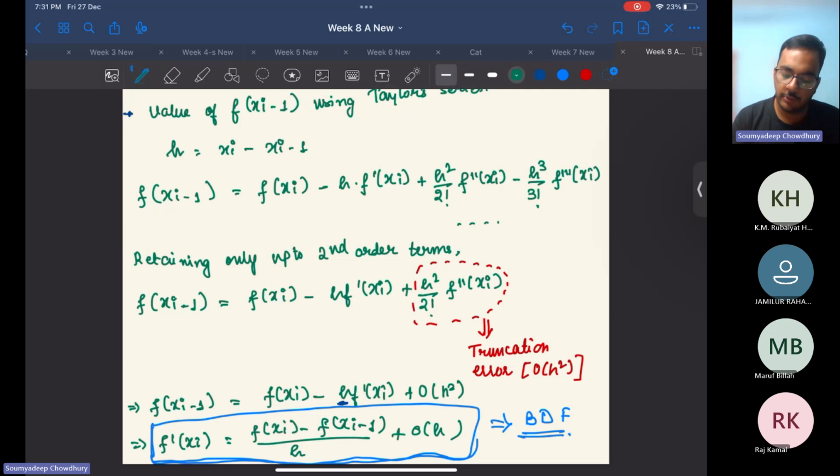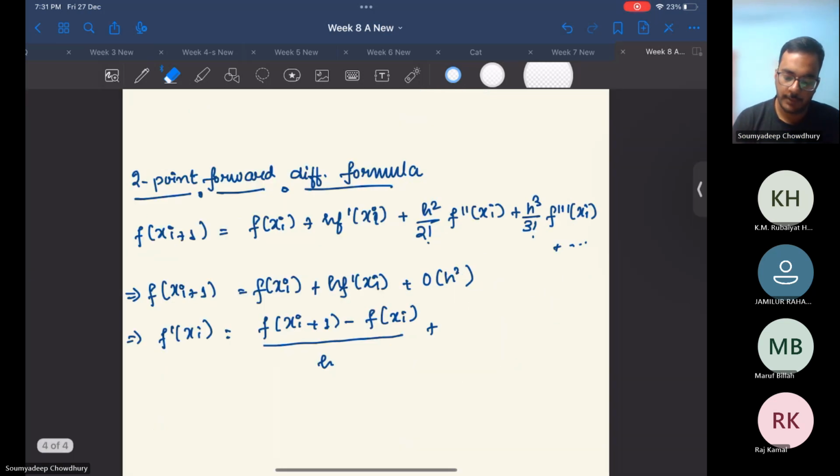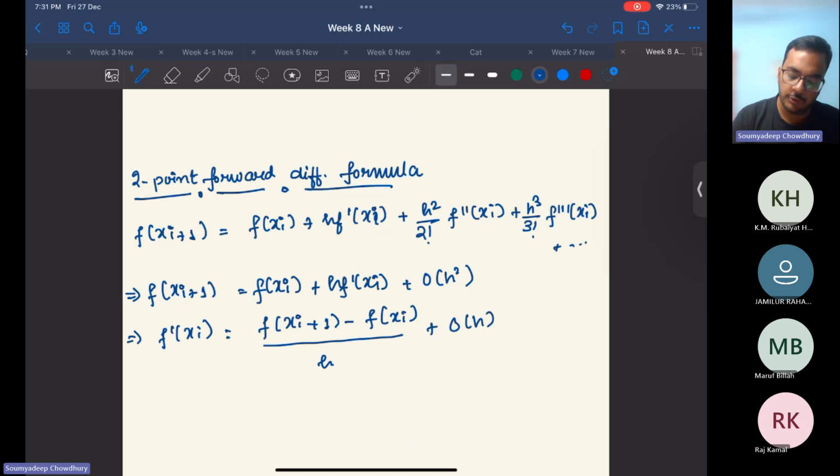So your error will no longer be of the order of O of h square, rather it will be of the order of O of h, right? So we have the error here, which is O of h. Similarly, here also this O of h square, if we divide by h throughout, will be of the order of O of h.